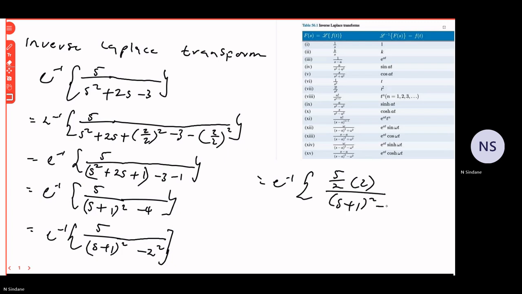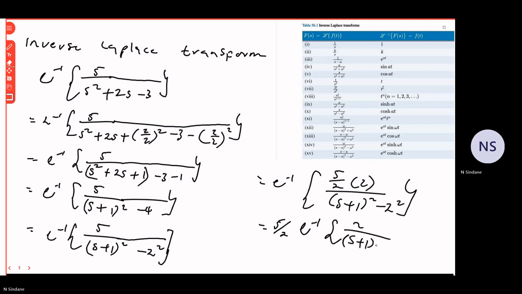Mathematically I've done nothing, because if I cancel 2 and 2, I'm still left with 5 over s plus 1 squared minus 2 squared. So now this will be 5 over 2 times the Laplace inverse of 2 over s plus 1 squared minus 2 squared.